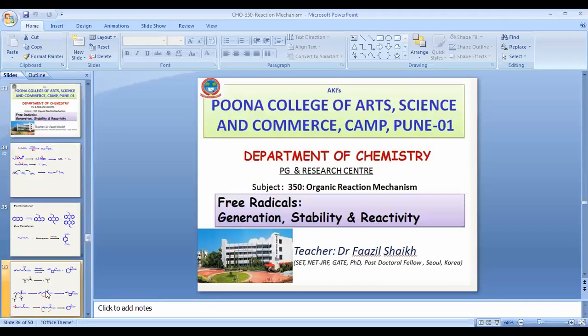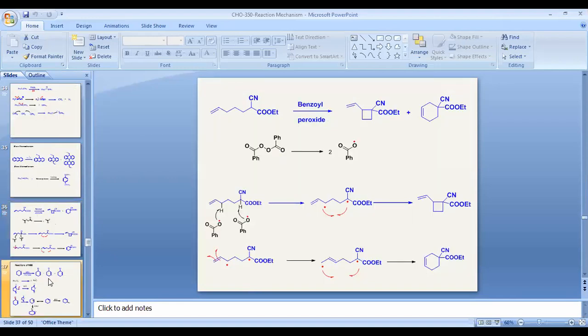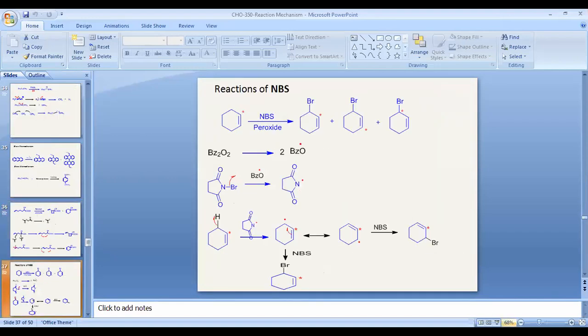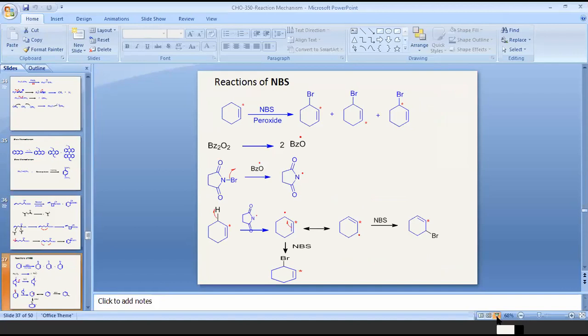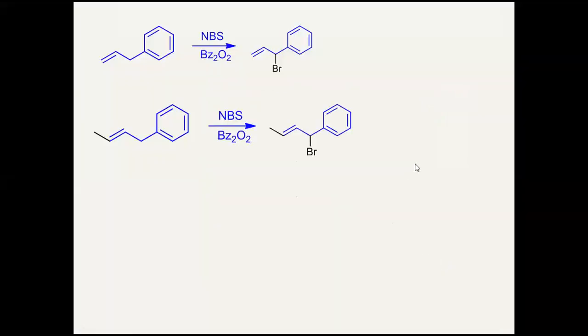By using that idea, you see, this is the major. What is the reason? This is the primary radical, and here there is the secondary radical. This is the simple idea you can see. And remember, when there is a possibility of two types of radical, primary and secondary, which will form in more amount? Secondary. Why? It is stable, and therefore the product will be more. This is the reason. Very simple reason.